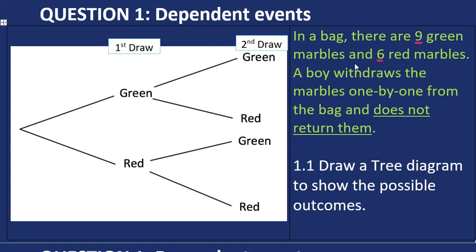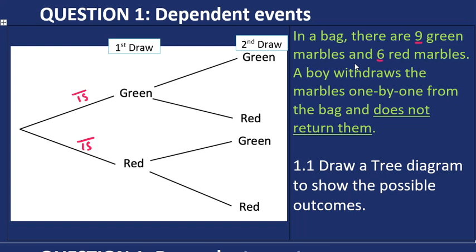Okay, so let's draw. The tree diagram's already been drawn, and what we want to do is to just put numbers on it. We know that there are only 2 colors of marbles in this bag. There's 9 green and 6 red, so we have a total of 15. So in the first draw, you're drawing out of a total of 15 marbles.